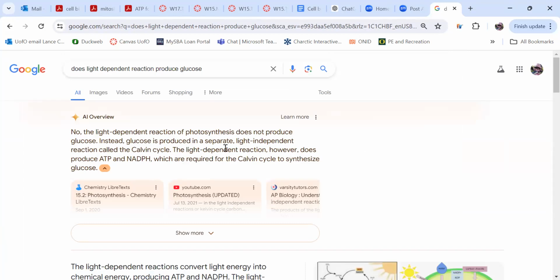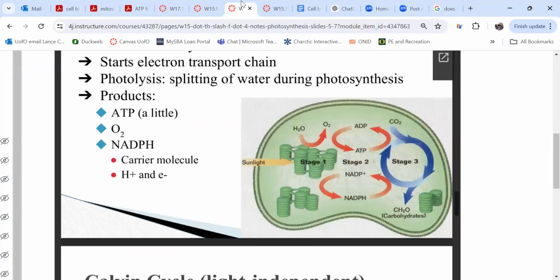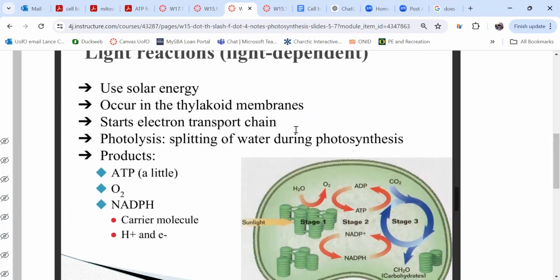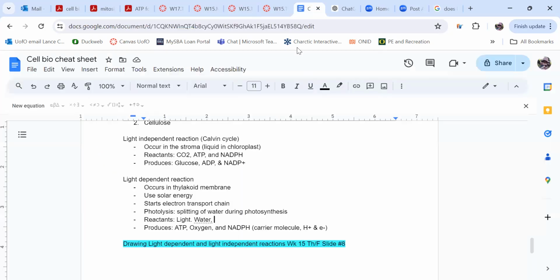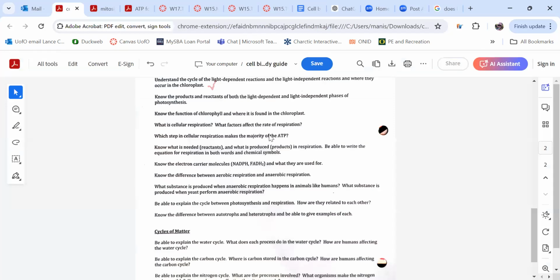Instead, glucose is produced in a separate light-independent reaction called the Calvin cycle. All right. So back to this graph. I don't see carbon dioxide here in the light-dependent reaction. For now, I'm just going to put water and light. I think that's pretty good.